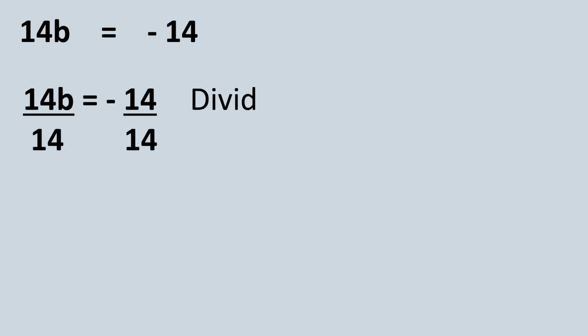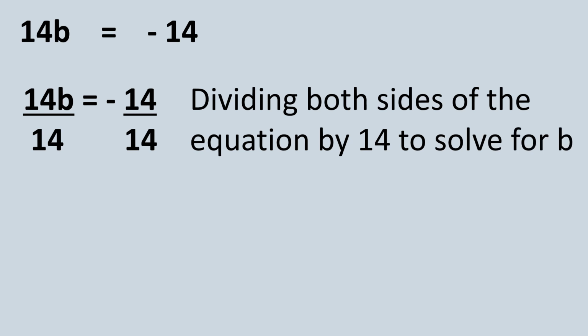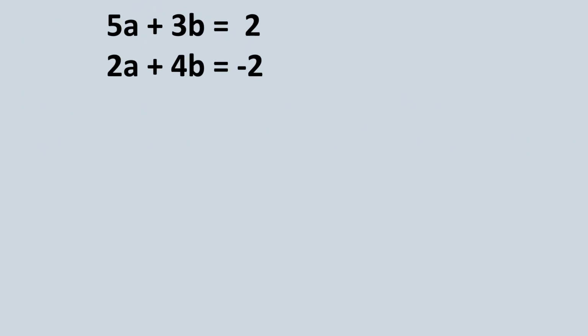So what we're simply doing is dividing both sides by 14. So 14b over 14 will give us b, and then minus 14 over 14 will give us minus 1. So we've been able to solve for b. Our b is minus 1.